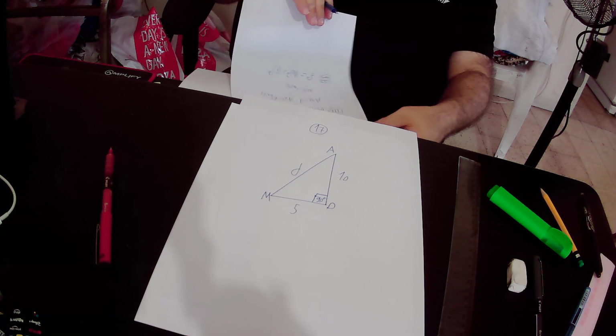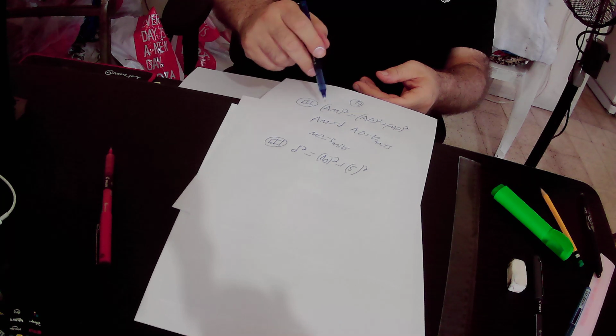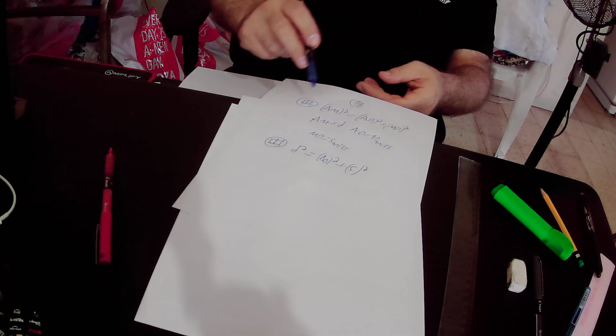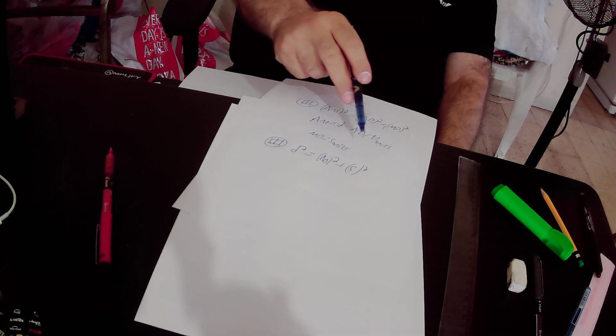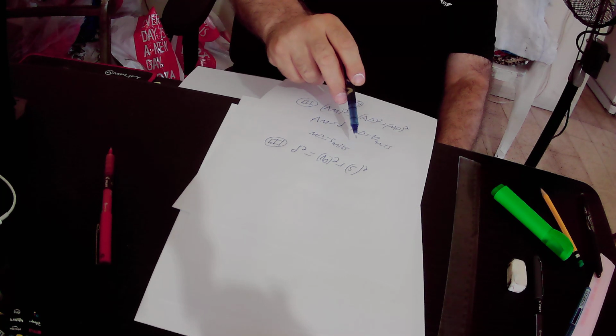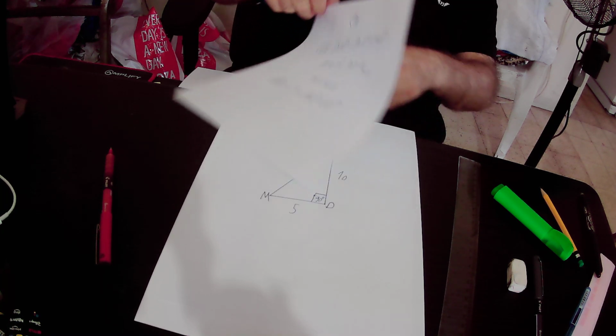Okay, we substituted AM by D, AD by 10, and MD by 5. We got that D squared equals to 10 squared plus 5 squared. 10 squared is 100, 5 squared is 25, so 100 plus 25 equals to 125, so I write it down.